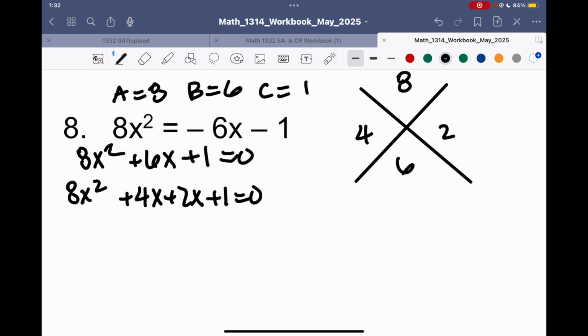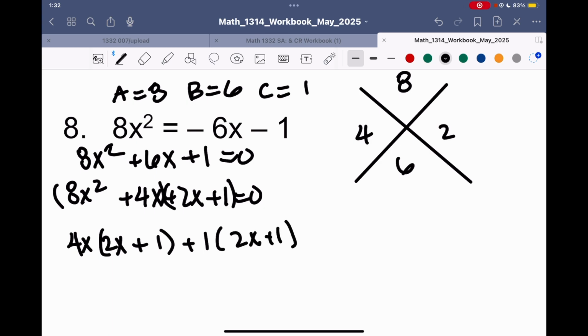So when we group them, I'm going to get 4x, 2x plus 1, plus 1, 2x plus 1 equals 0. So 2x plus 1 times 4x plus 1.